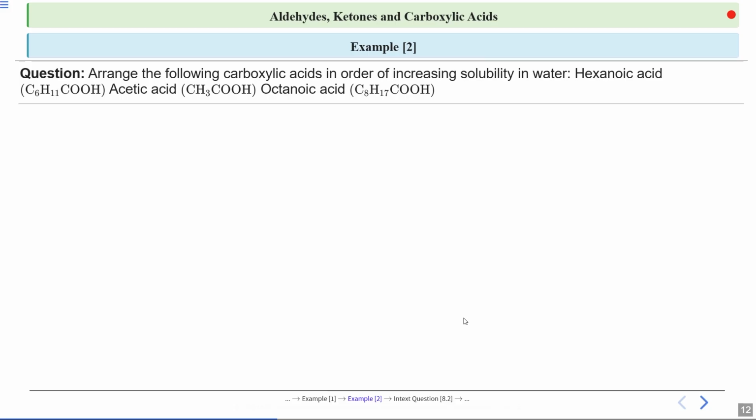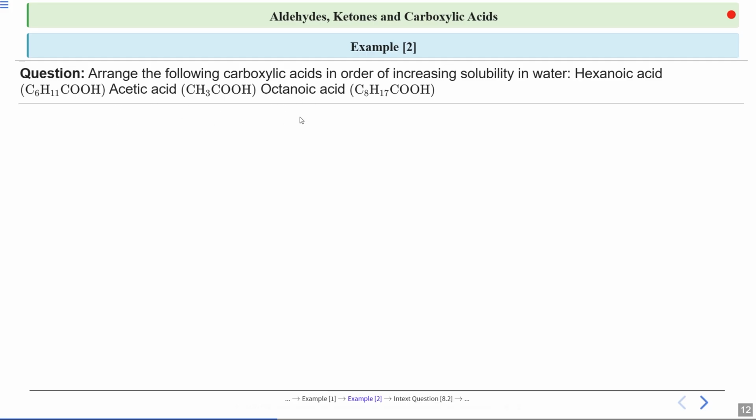Now the next question is, you have to arrange the following carboxylic acids in the increasing order of solubility. Arrange the following carboxylic acids in order of increasing solubility in water. First, you have hexanoic acid, then you have acetic acid, and then you have octanoic acid.